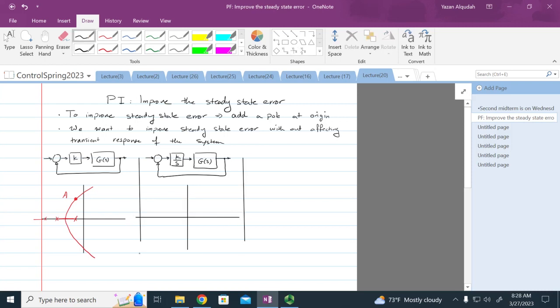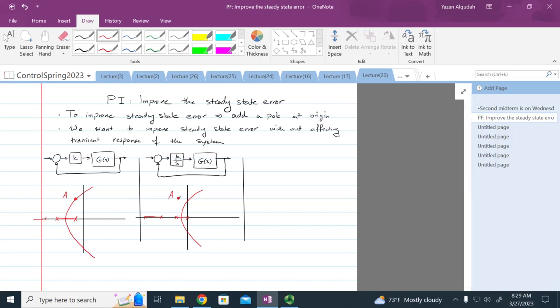Now all of a sudden, my root locus is going to look something like this. What happened here? This point that we used to operate at, that we like the performance at, is no longer on the root locus. Does that make sense?